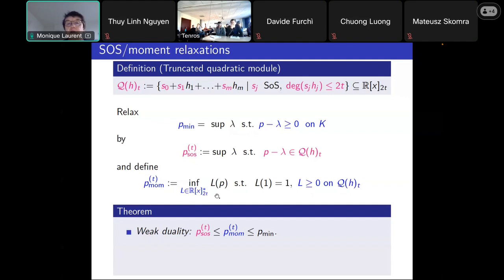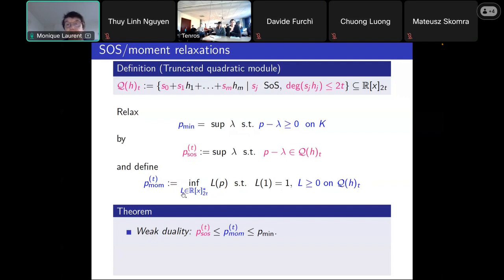So the dual program to this sum of squares program is: you want to minimize L of p subject to L of 1 is 1, and now you just require that L should be non-negative on the truncated quadratic module. We have seen several times yesterday linear functionals on rings of polynomials on truncated sets of polynomials.